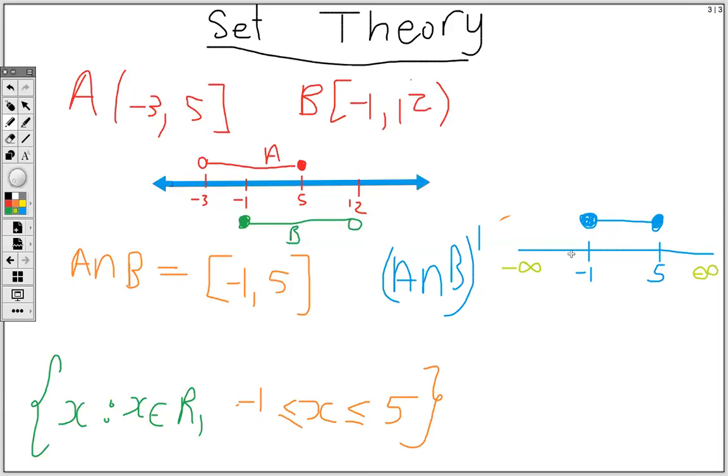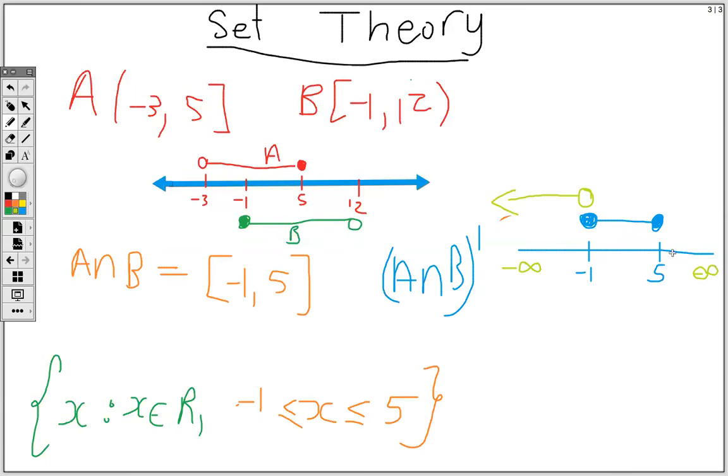So if I'm going to talk about everything outside the set, then it means that if I look at -1, it is being used by the intersection. So it cannot be outside the set, so I'll have open to represent it's not outside. And then we cover all the area outside the set.